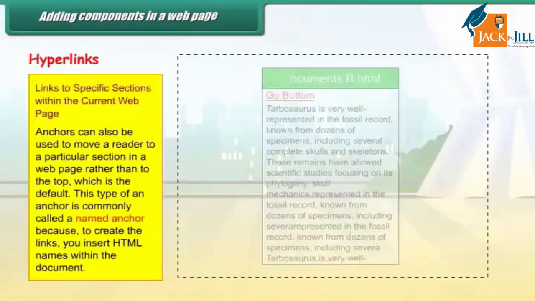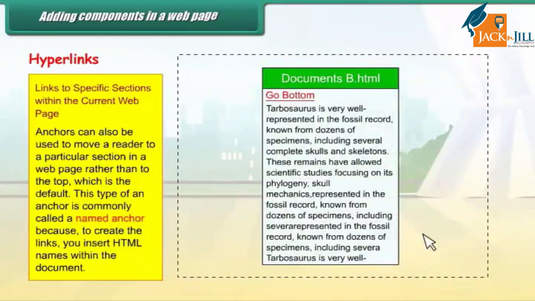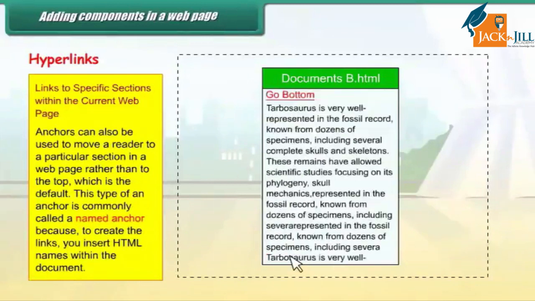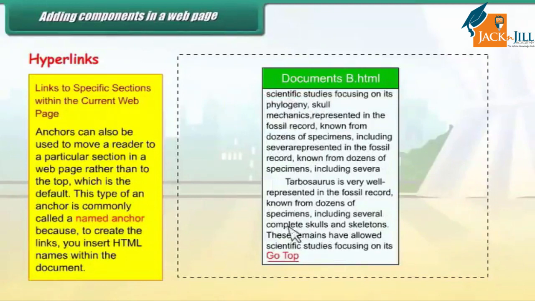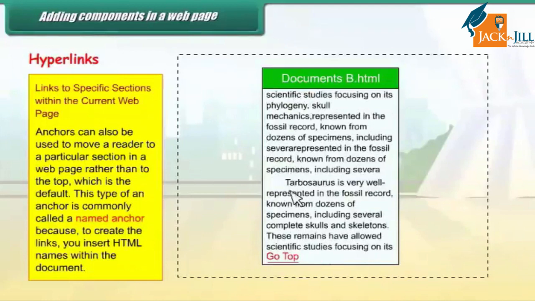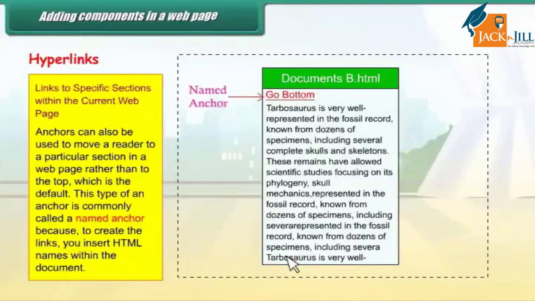Internal links. Links to specific sections within the current web page. Anchors can also be used to move a reader to a particular section in a web page rather than to the top, which is the default. This type of anchor is commonly called a named anchor, because to create the links, you insert HTML names within the document.